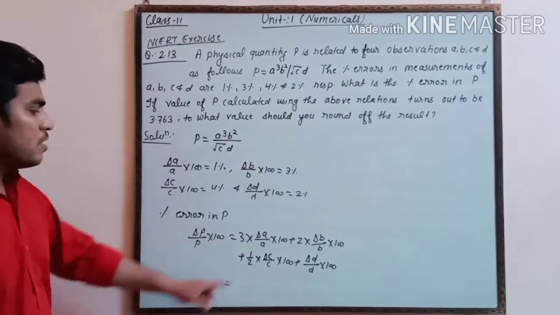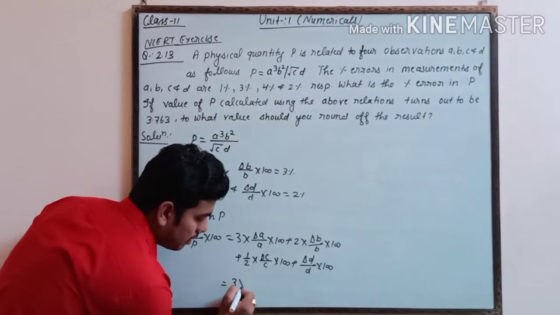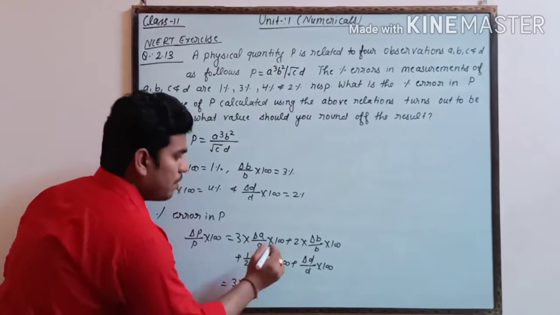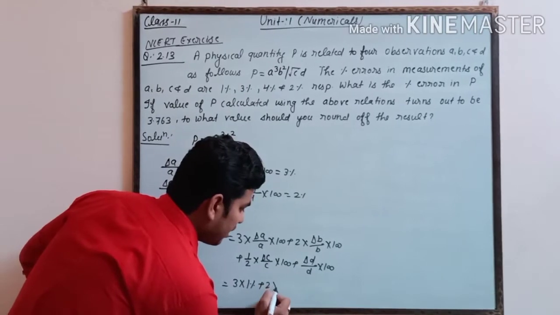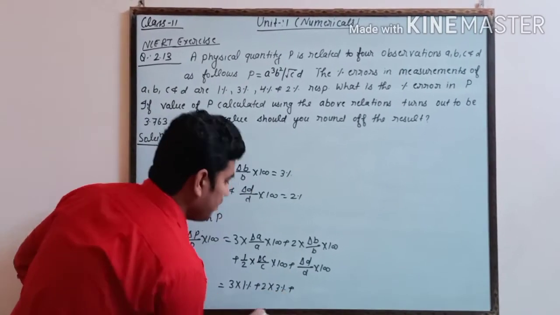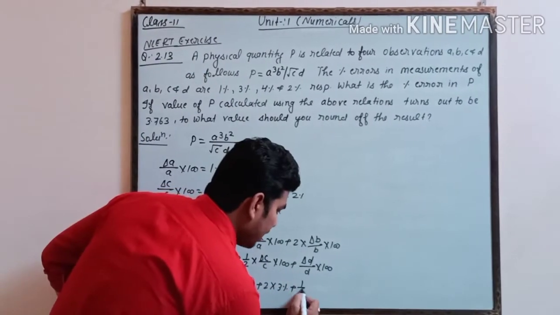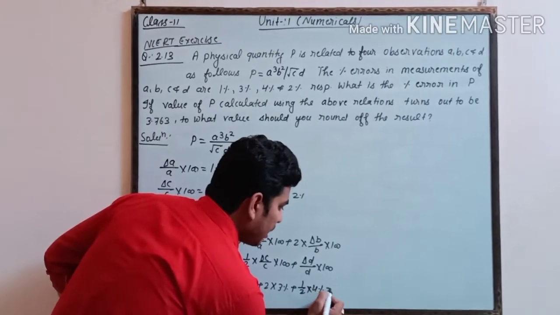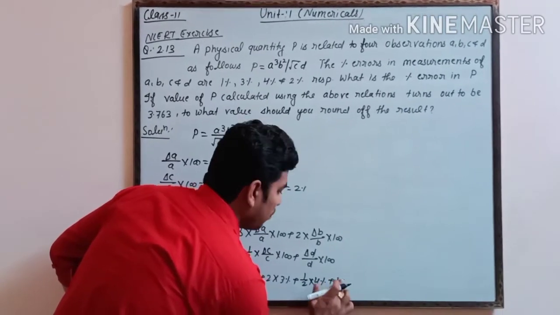Put all the values. This is 3 into 1% plus 2 into 3% plus 1 by 2 into 4% and plus 2%.